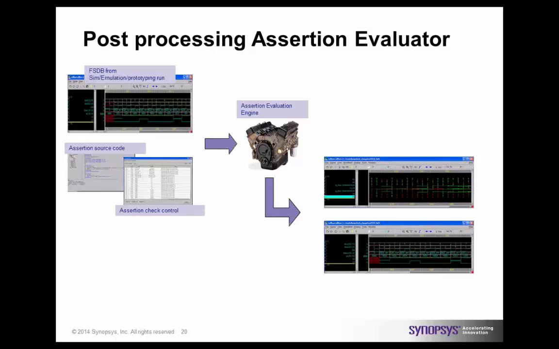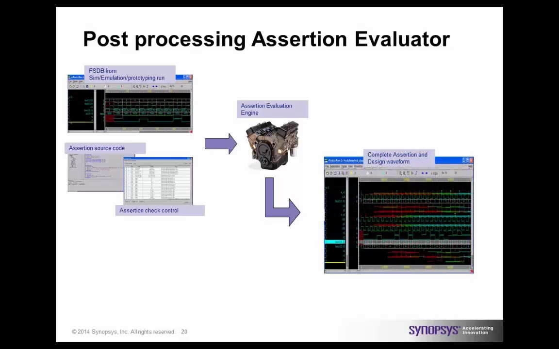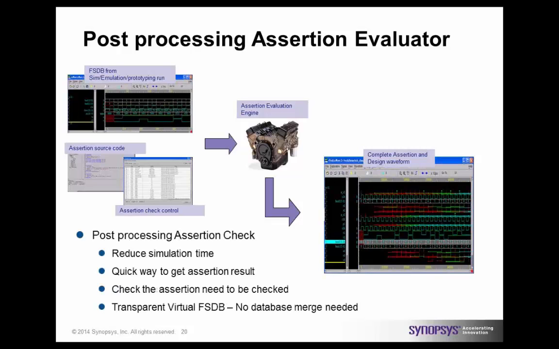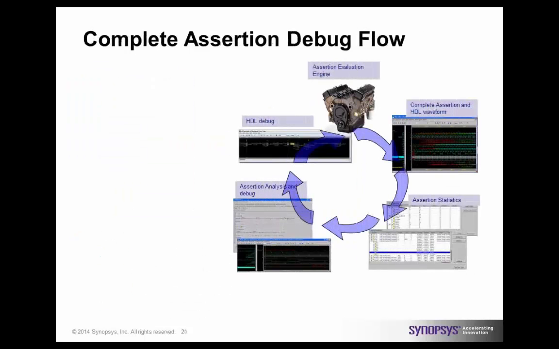And this is your golden FSDB that you already had. And what Verdi will do is it will merge them as a virtual FSDB containing both your assertions and your golden database or golden design knowledge inside it. Okay. So it reduces time, is the quickest way to get your assertion results, and is vendor independent.